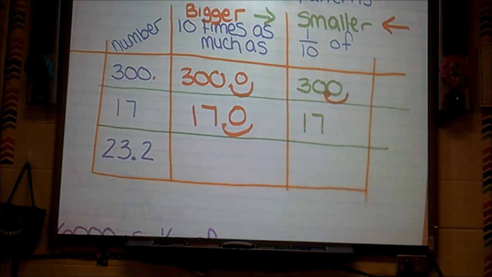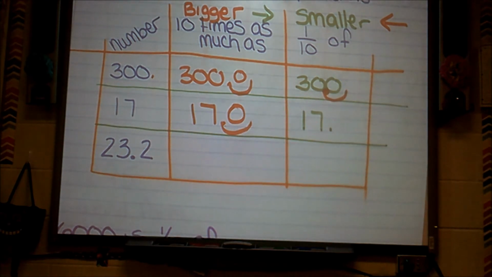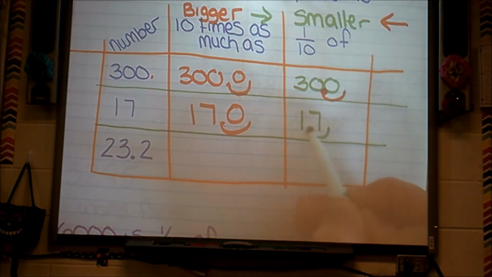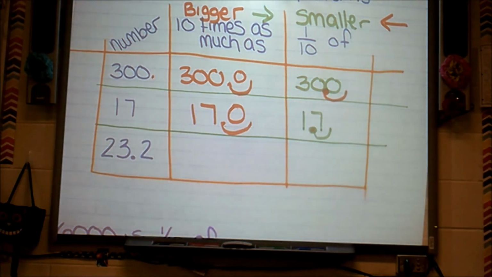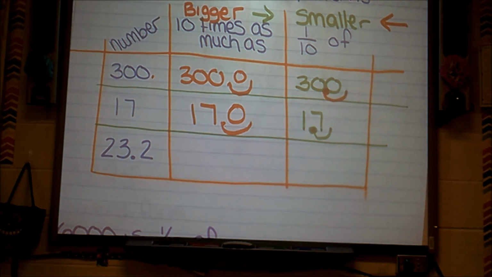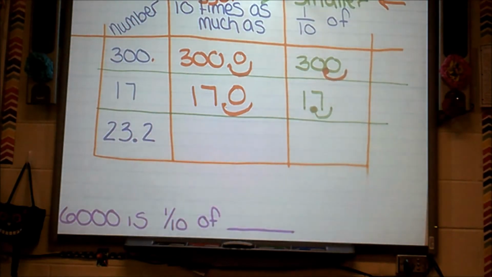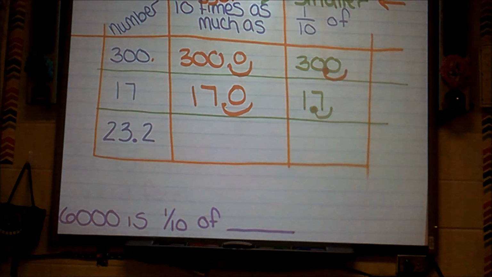Now to find 1/10 of 17, I again have my decimal, and to make it smaller, a piece of it, I move it one place value to the left, which is 1 7/10. I would like you to solve this problem, 23 2/10, independently.